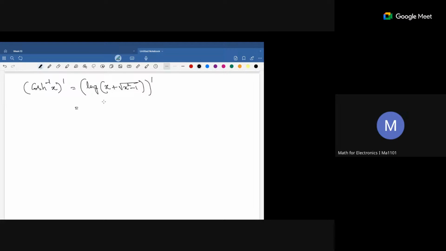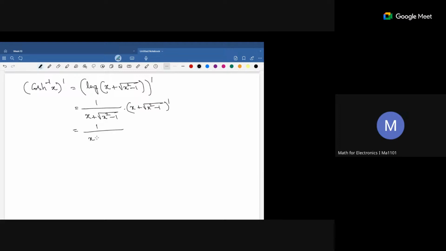It's just the composition of many functions, so you have to take the derivative carefully. The outermost function is log, and the derivative of log x is 1 by x, where x is whatever is inside the log. So this will be 1 by x plus square root x square minus 1, and you have to take the derivative of whatever is there inside.